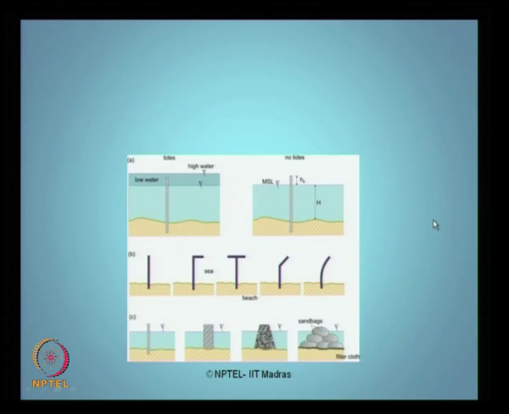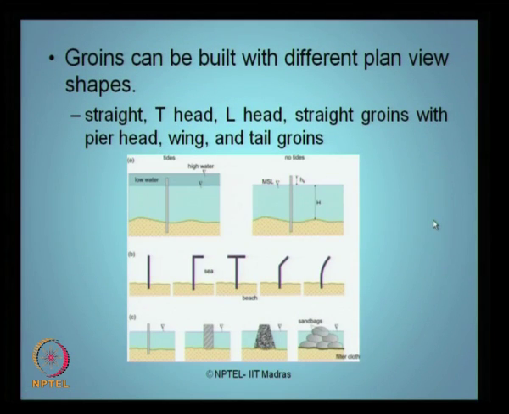There are different shapes of groins which can be constructed depending upon their shape in plan view. There can be straight groins, T-head groins, L-head groins as you see here. The straight groins can also have a pair head, wing and a tail groin.